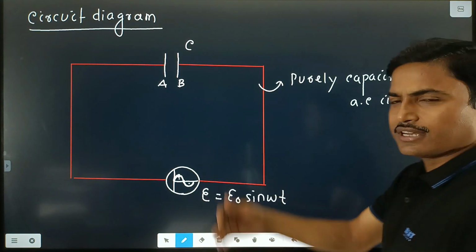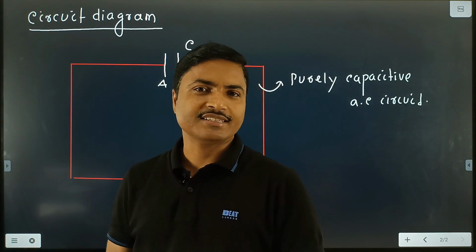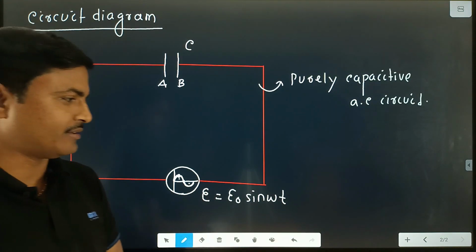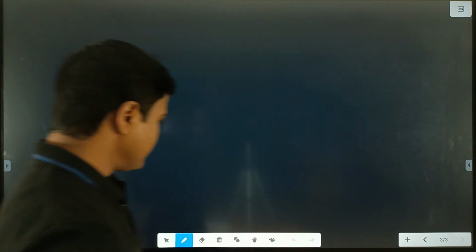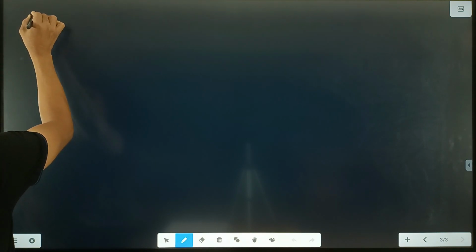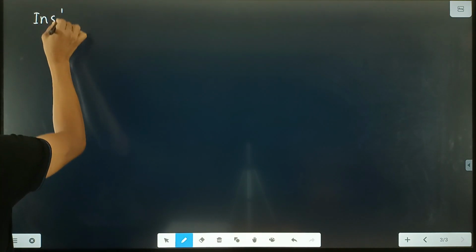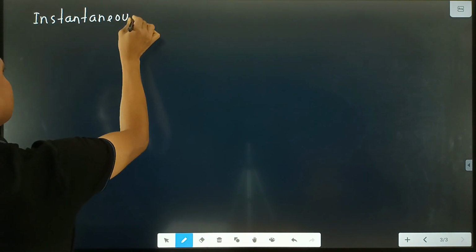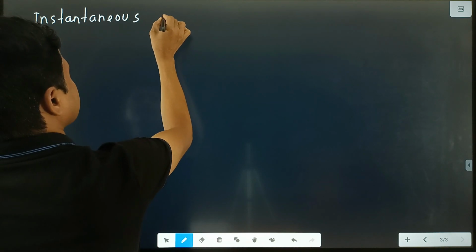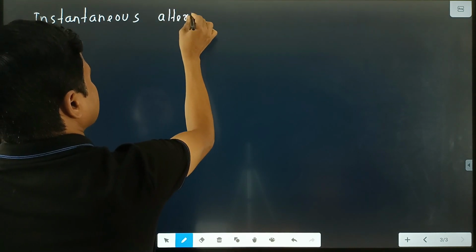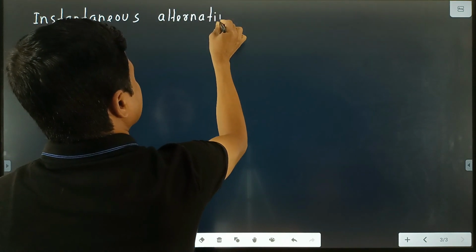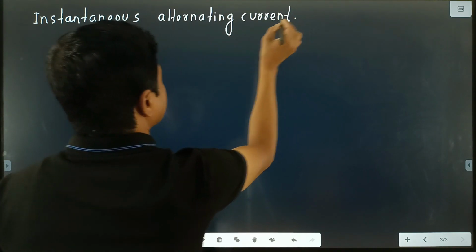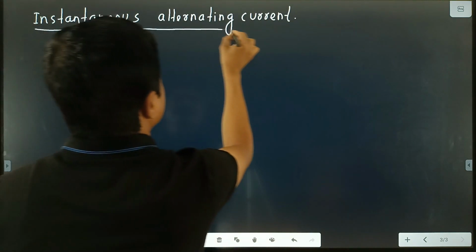The circuit is known as a purely capacitive AC circuit because alternating current or alternating EMF is applied. Clear? Then we derive the equation for instantaneous alternating current at any time t.